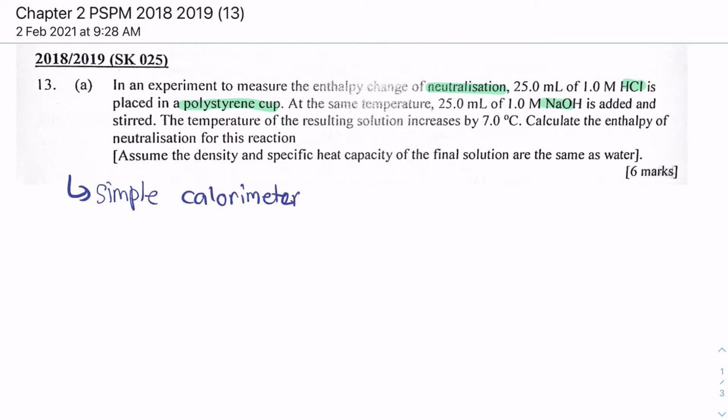Given to you also is the temperature change, delta T, and the question asks you to calculate the enthalpy of neutralization for this reaction.